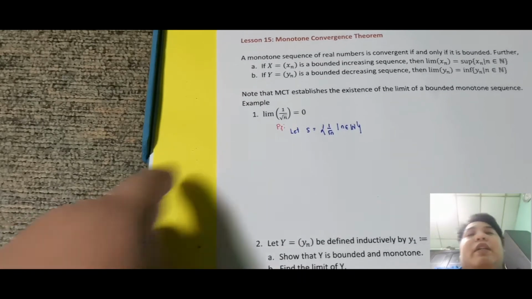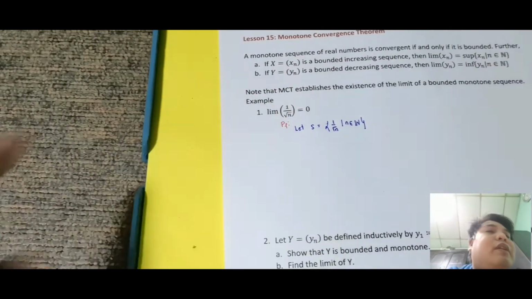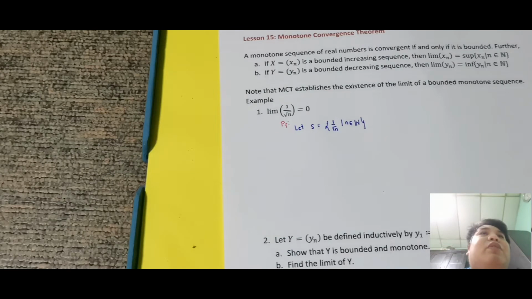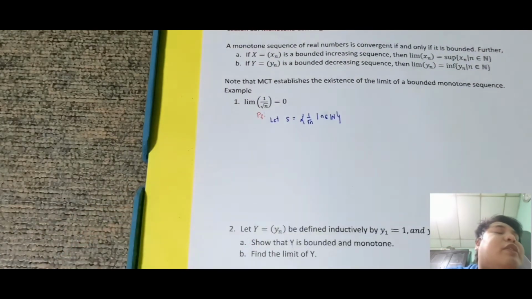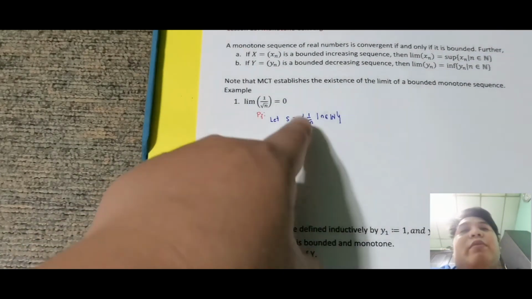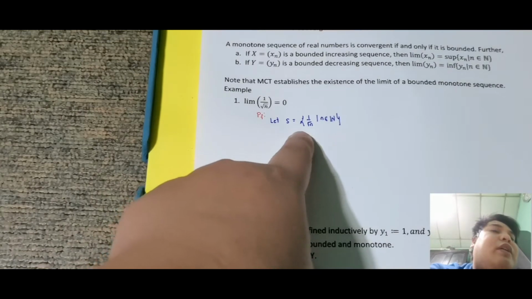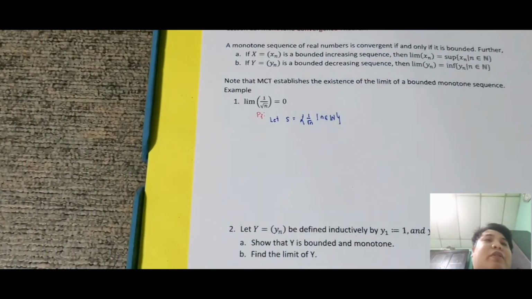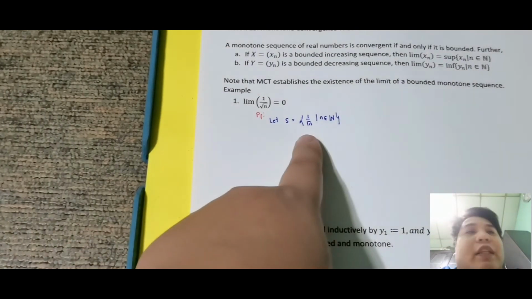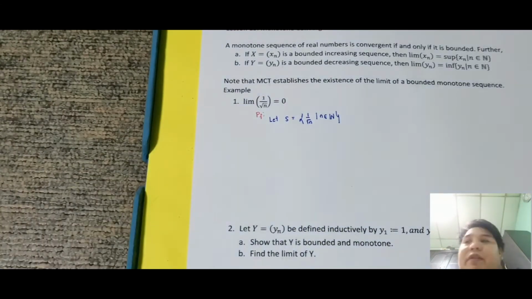Okay, so ulitin ko lang, sequence siya. Ginawa ko lang, inilet ko lang muna siya na set S, such that yung set S is yung representation ng 1 over square root of n, such that n is an element of natural number. So kung napapansin mo, yan ay set na. Iba siya sa sequence.